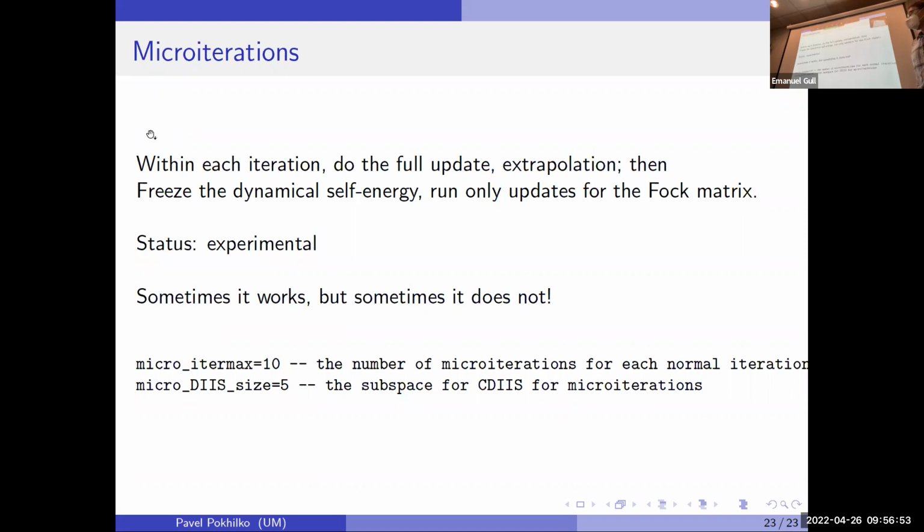Okay, so since the code works with the guess, one needs to obtain the guess first, and if you can obtain the Hartree-Fock guess, it's great. So here I would say that there are two different regimes, right? You can do either the restricted calculation or unrestricted calculation.